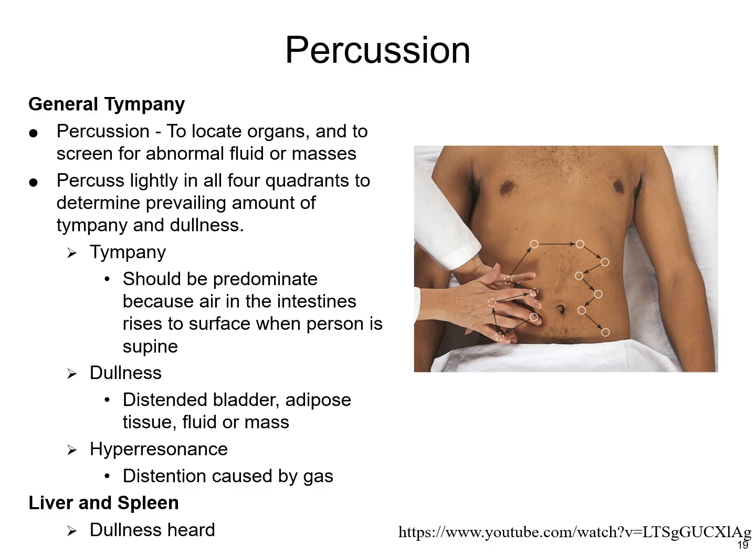Tympany is going to be more predominantly heard over the abdominal area because we have the intestines located there, and the intestines are filled with air. You're going to hear the dullness. That's going to be heard more over the bladder, adipose tissue, or if there's fluid or a mass present.